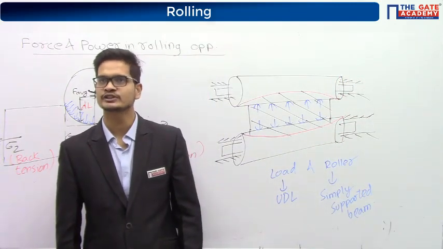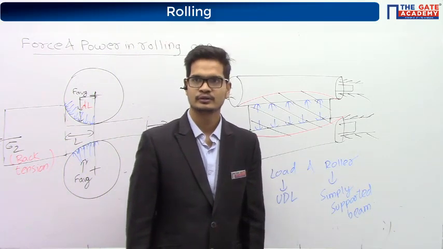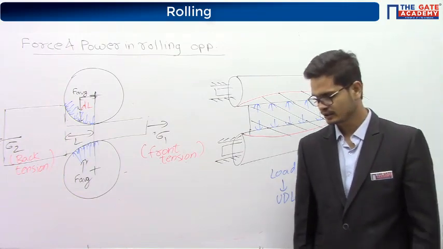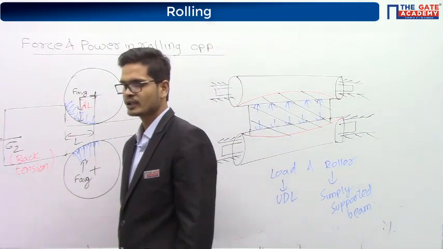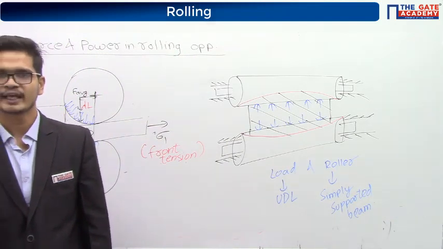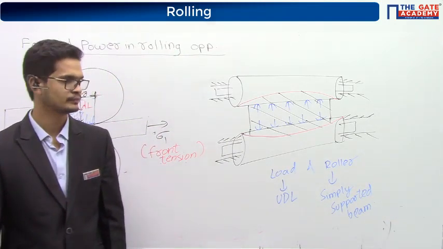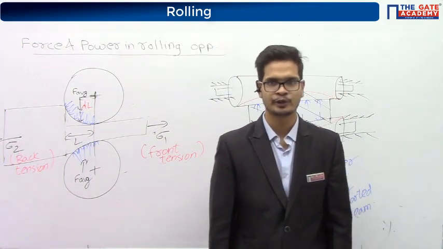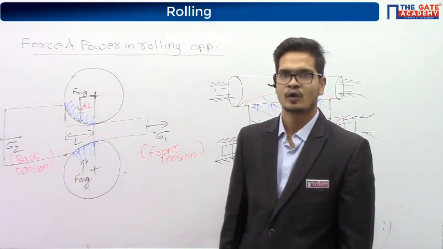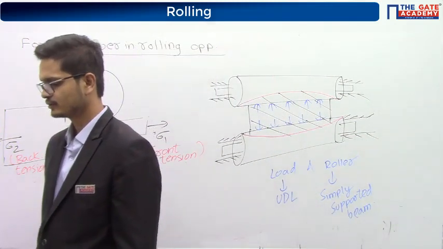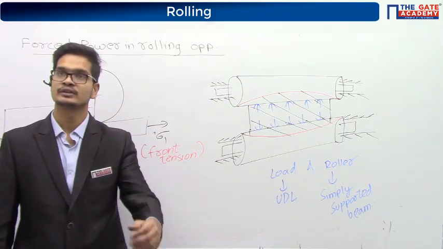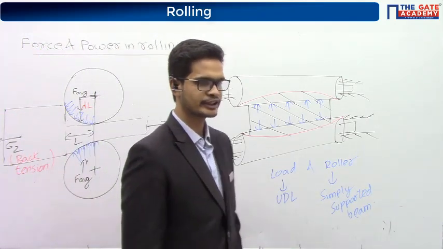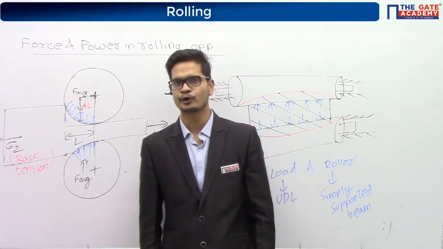The roll separating force is acting as uniformly distributed load on the rollers, which themselves are acting as simply supported beams.